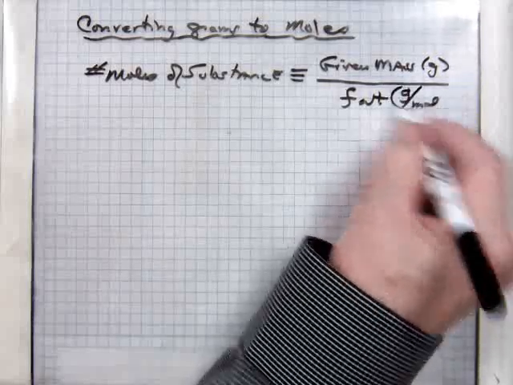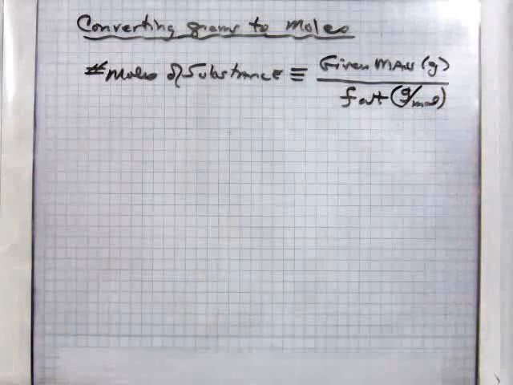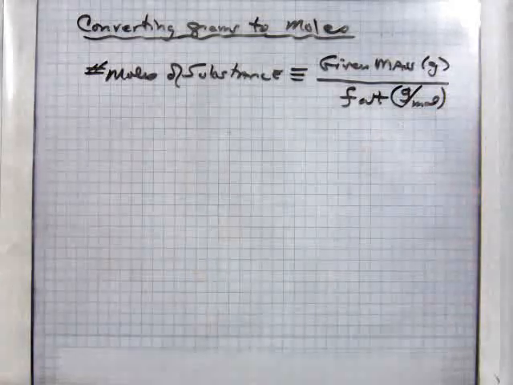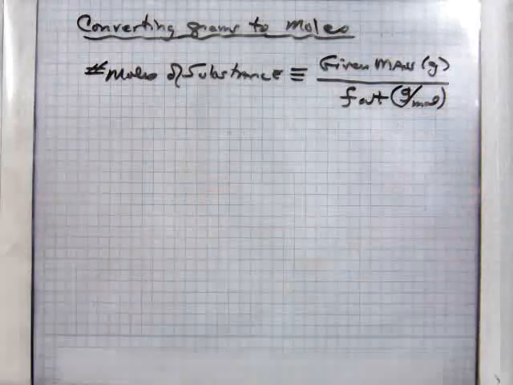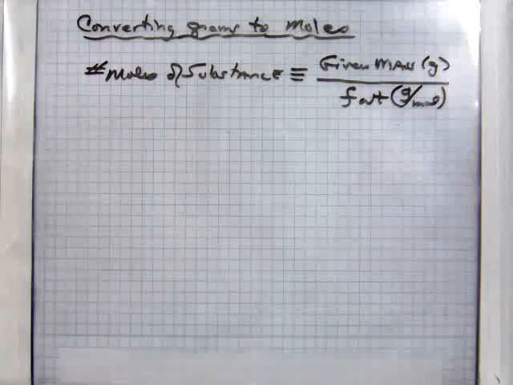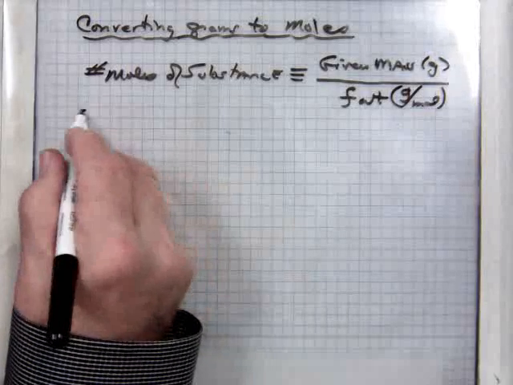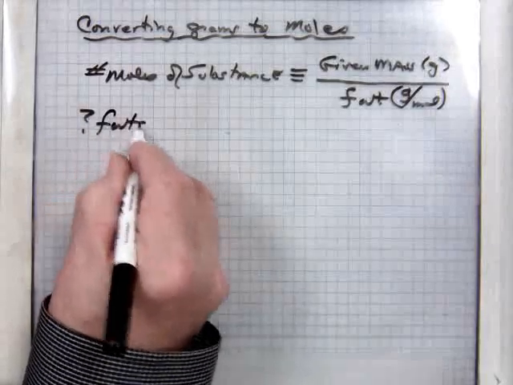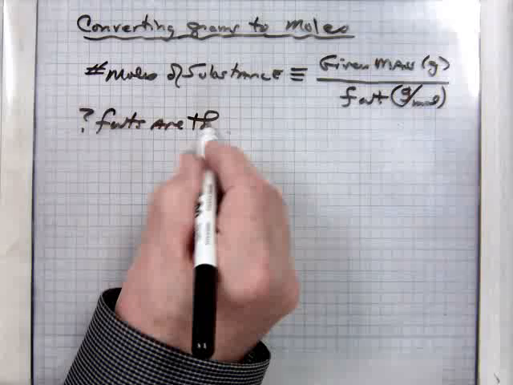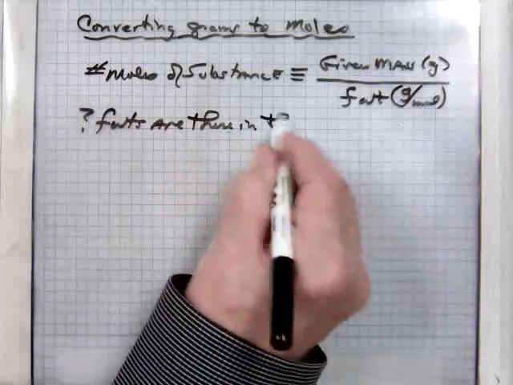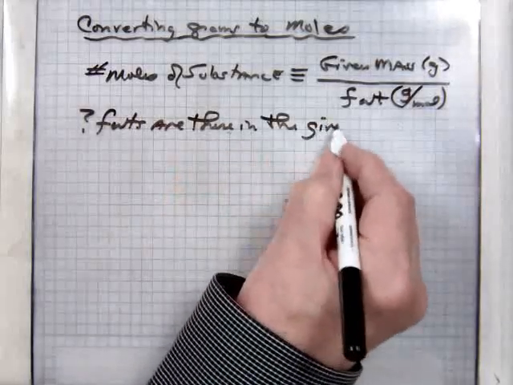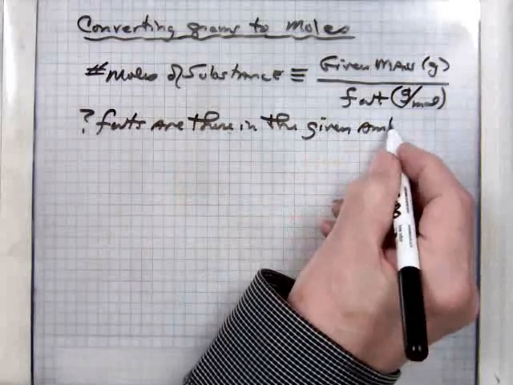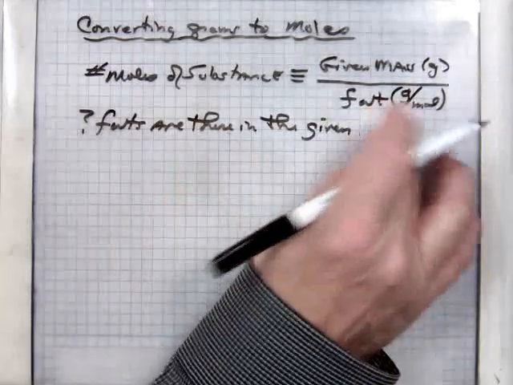So you can see the invert and multiply off of the units of the formula weight, and grams cancels out and so forth. So the question is, how many formula weights are there in the given gram mass?